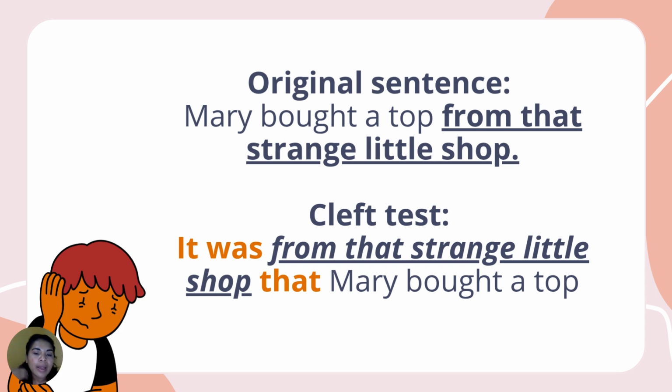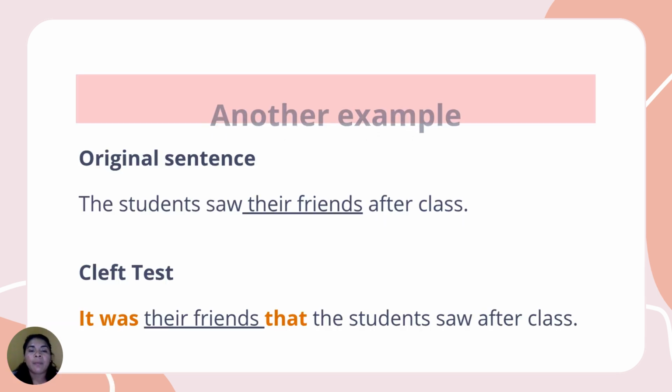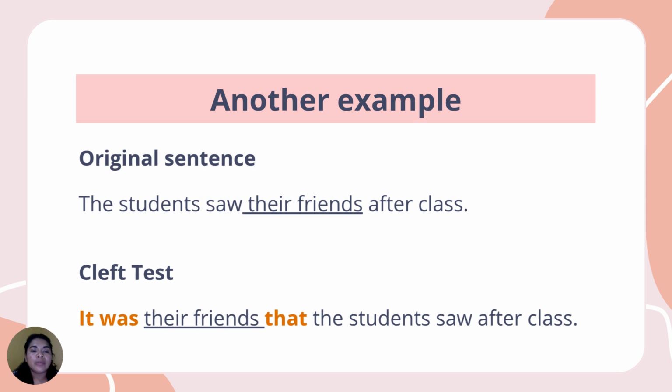Okay, let's see another example. The students saw their friends after class. In this case, what is underlined is "their friends," so we go to the cleft test to see if "their friends" is a constituent.